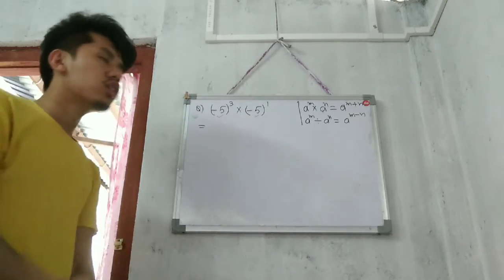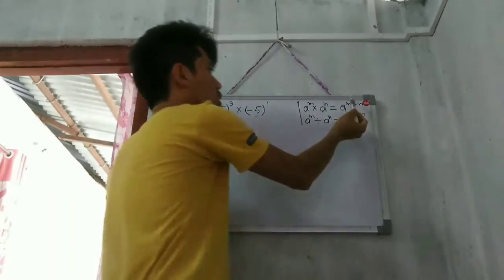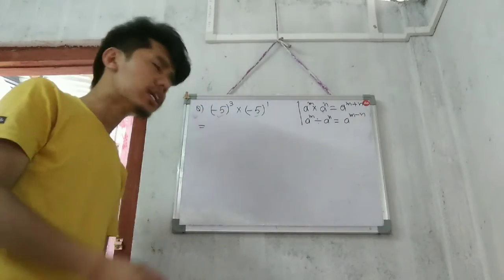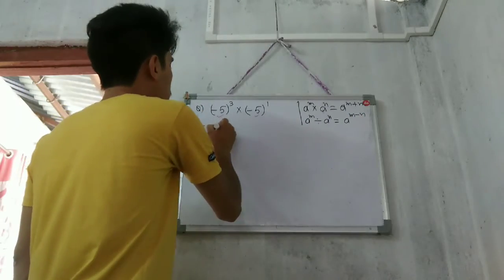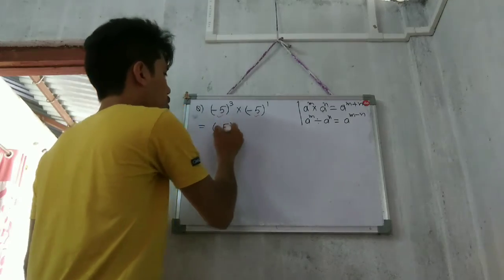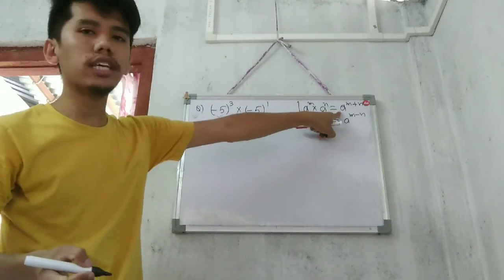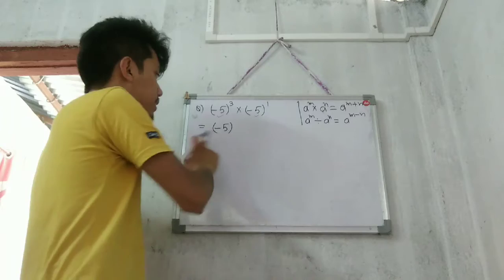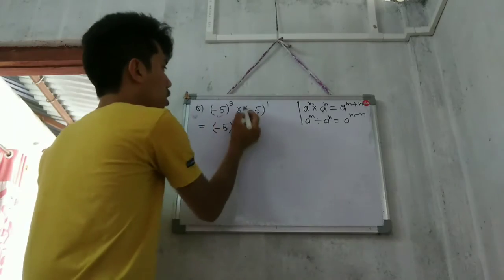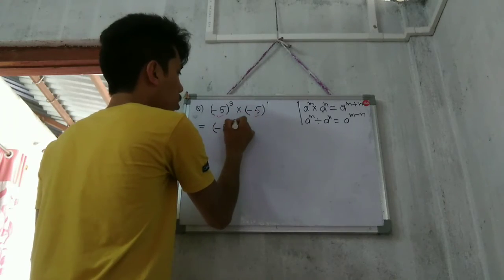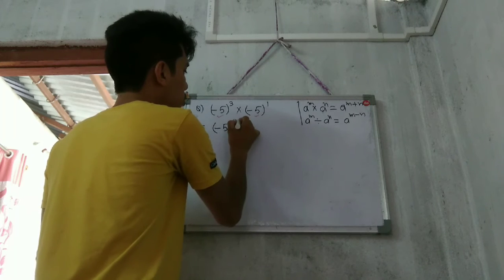As per formula number 1, the powers will be added. So the base will be the same, you just write the base and add their powers. The powers are 3 and 1, so write 3 plus 1.